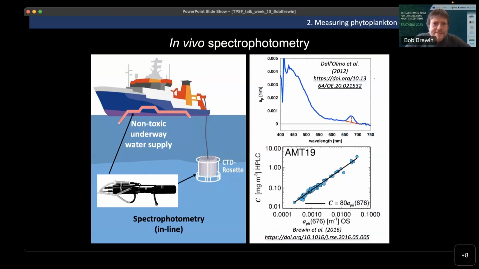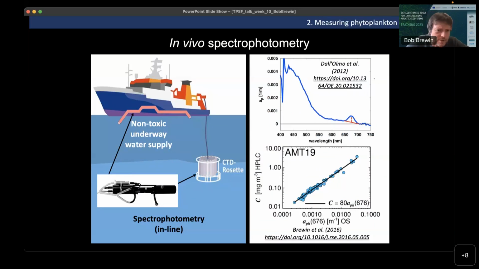Now, in more recent years, another technique is increasingly being adopted, and that is in vivo spectrophotometry. So here you use a spectrophotometer sort of inline.